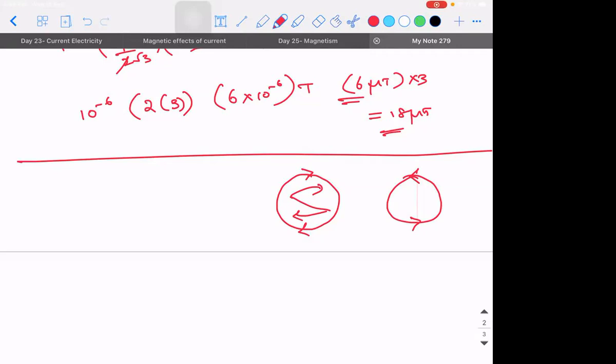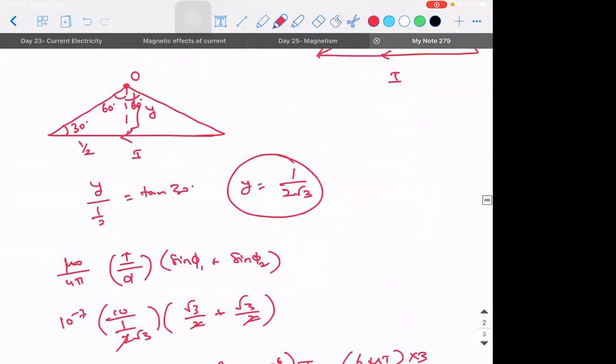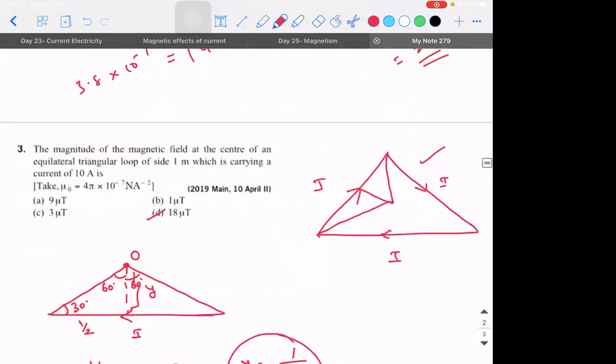Repeating it, clockwise moments are always negative, anti-clockwise moments are always positive. Example, your water bottle cap. If you turn the cap in the anti-clockwise direction, it comes towards you. If you turn it in the clockwise direction, it goes away from you. Same concept. Here also, the current is in clockwise direction, so it is into the plane.